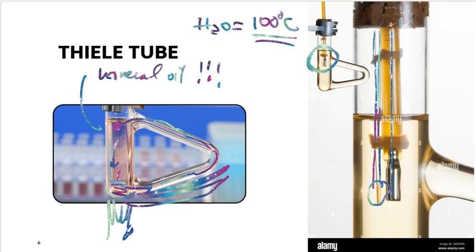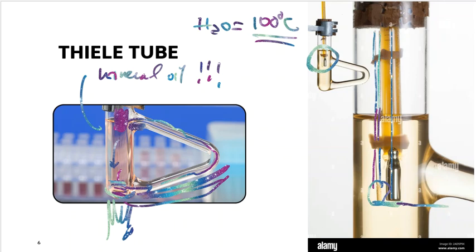This capillary tube is going to be attached to the thermometer. Notice they're about the same level, even with the thermometer and the capillary tube, and they are also even with the elbow or the side arm of the field tube. So in the picture to the left, I'm going to put a thermometer, and I want my thermometer being right here because that is right there at the elbow.